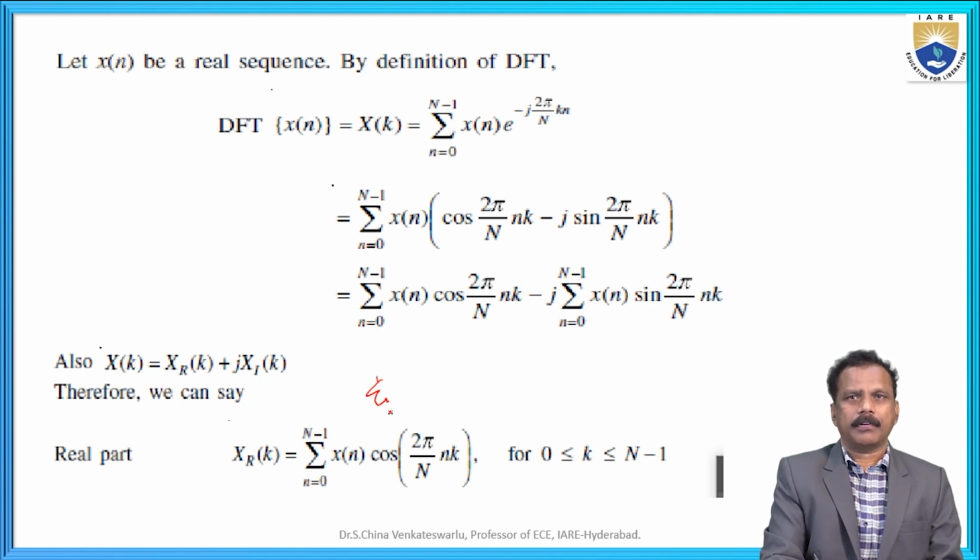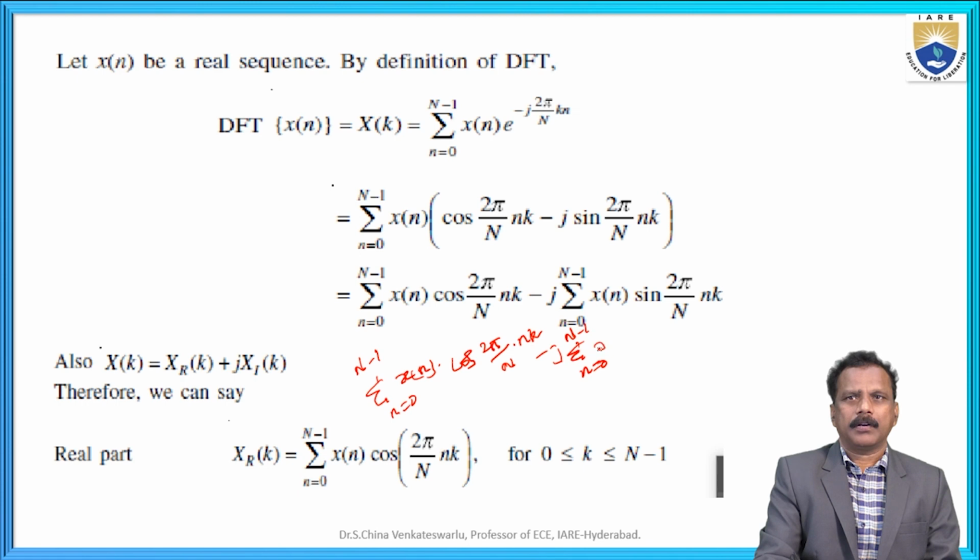After substituting this, the DFT is equal to the summation n equal to 0 to N minus 1 of x of n into cos of 2 pi by capital N into nk, minus j, the summation n equal to 0 to N minus 1 of x of n into sine of 2 pi by capital N into nk.